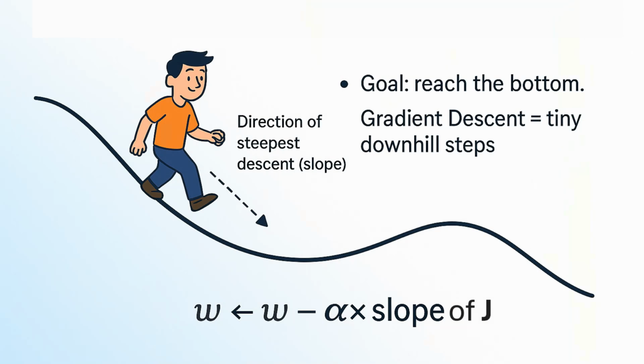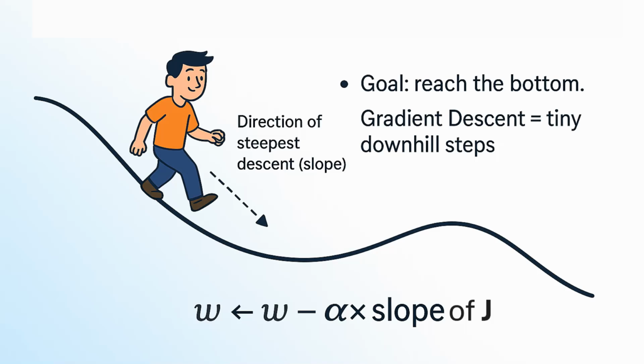That whisper is basically this formula. Let's break down the formula and see what each piece means. W is the parameter we are trying to improve to achieve the lowest possible cost. Alpha, which we also call the learning rate, is how big your steps are.